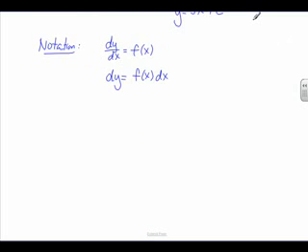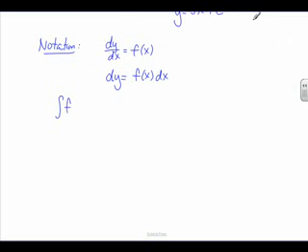Extend this page just a little bit further, and that's going to be the end of my page. Now, the symbol that we use to indicate that we want to take an antiderivative or to find an indefinite integral looks like this, kind of a stretched out S. That's called an integral sign.